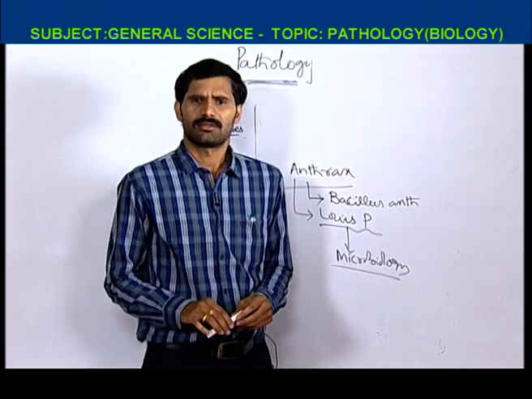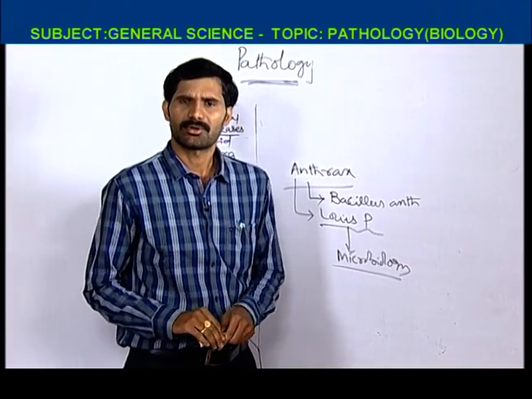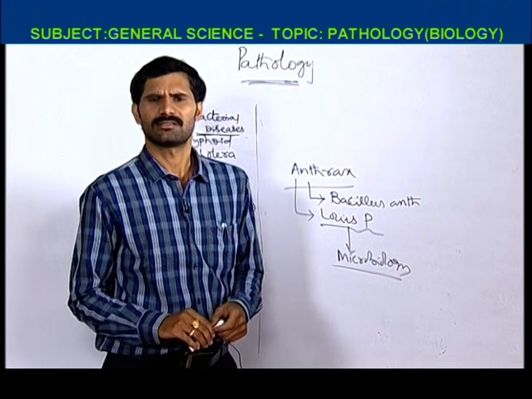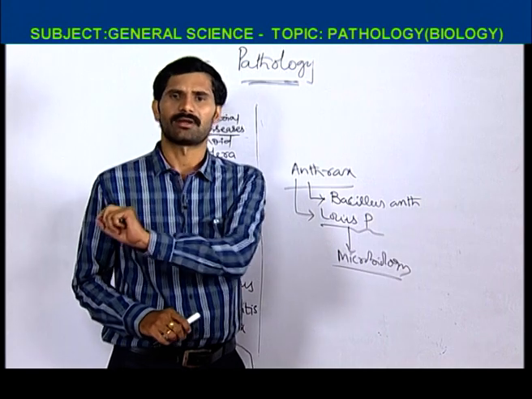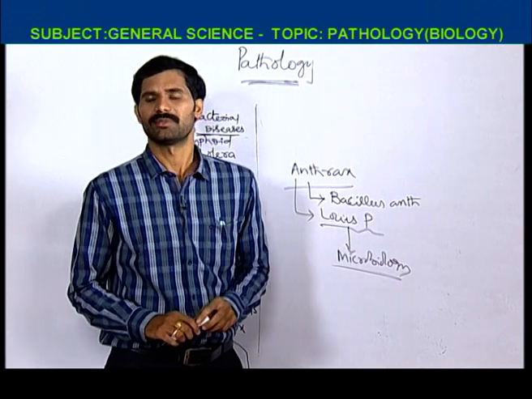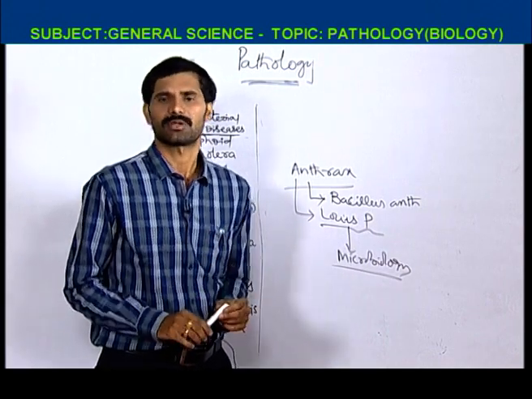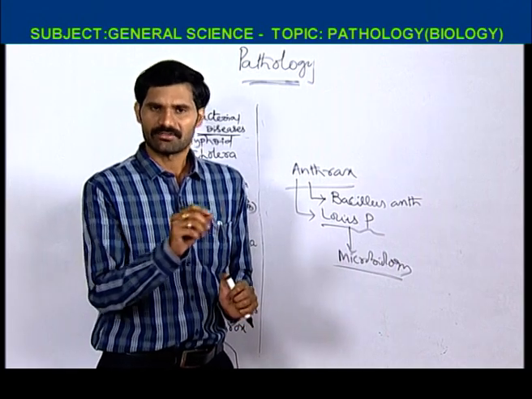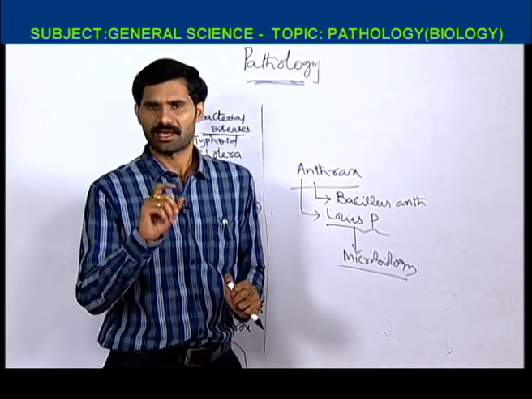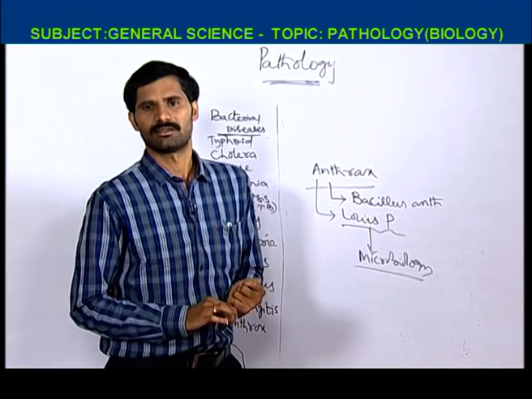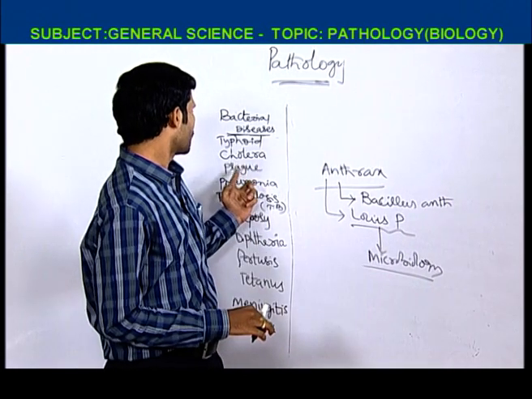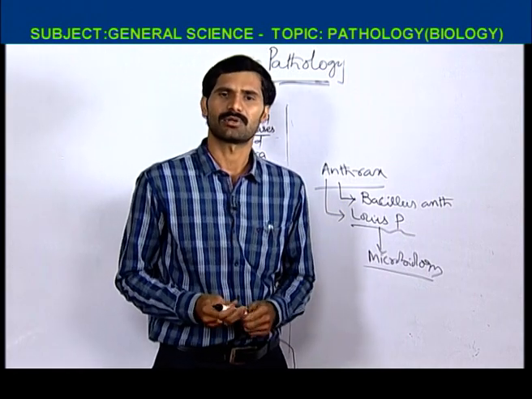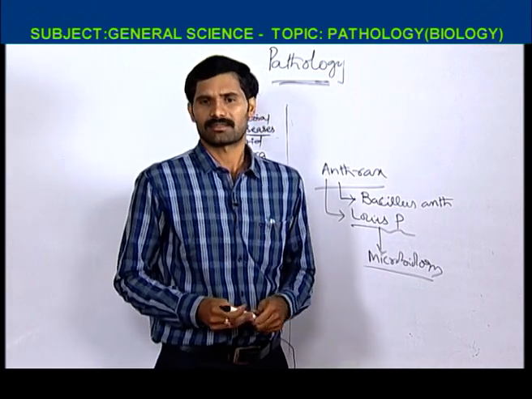So particularly, we have to concentrate on some important points regarding bacterial diseases. BCG is a vaccine for which disease? BCG is a vaccine for tuberculosis, and typhoid is confirmed by which test? Typhoid is confirmed by the Widal test. Next, plague disease is also called Black Death.